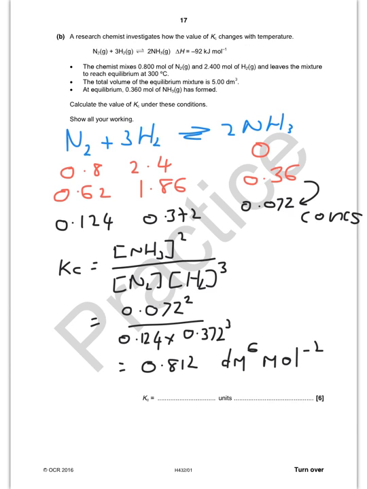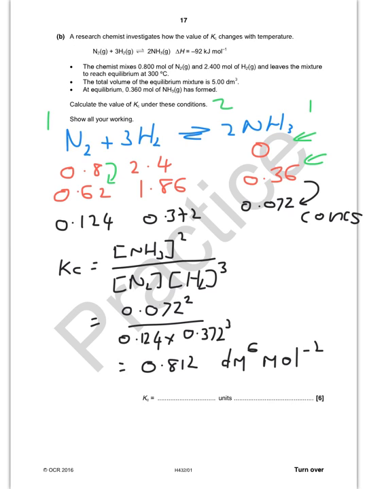Okay, so now I'm going to put some maths into this. So let's have a look. The way I like to start off is I write initially the equation and then the number of moles that I start with. Now, if you have a look, I produce 0.36 moles of ammonia. So that means because it's a 1 to 2 reaction, I must have lost half of that amount of nitrogen, which is 0.18.